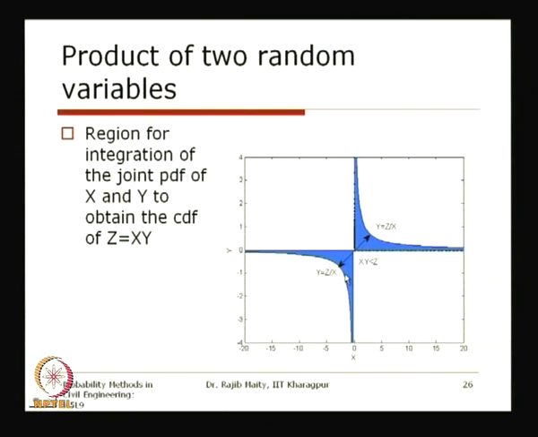If we want to integrate it, we can easily see that we have to do the integration in two different parts, one from this side and the other from this side.